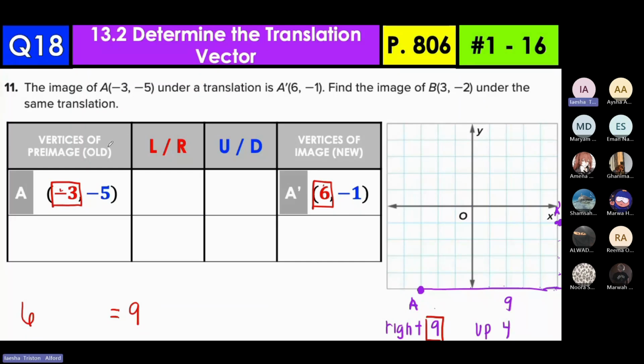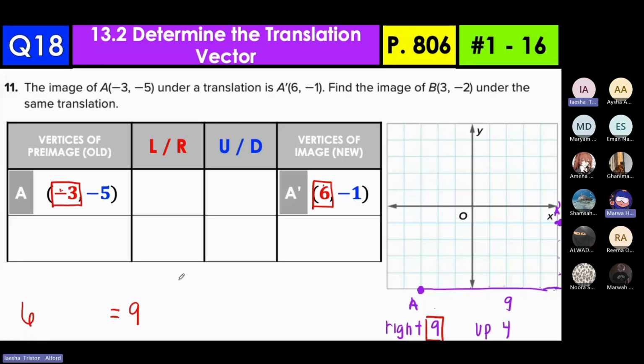We got to use both numbers, guys. And negative 3. Okay, so do what with the negative 3? You adding or subtracting there?